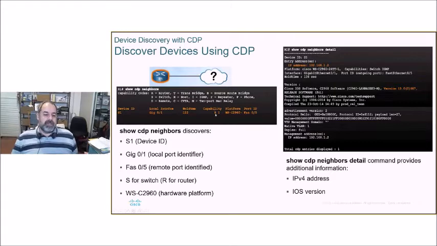Capability S means it's a switch, and I means that switch can run IGMP, Internet Group Management Protocol, which is to do with multicasting. It's a 2960, and it's FastEthernet 0/5 on that switch that is connected to gigabit 0/1 on this router. Certainly useful information, but if you do detail, you get pretty much a screen full of information on that device, including IP addressing and the whole lot, and the version of the operating system as well.